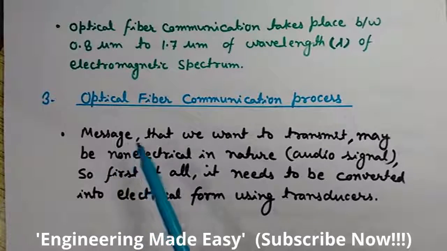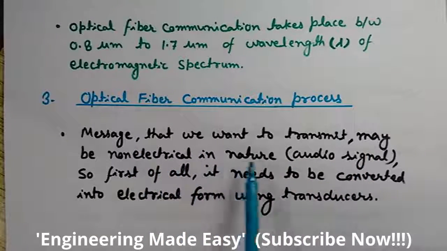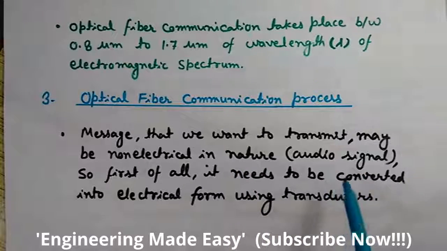In this, the message that we want to transmit may be non-electrical in nature. Suppose maybe an audio signal, our message signal, our voice speech signal. So first of all, it needs to be converted into electrical form using transducers. So transducers are what? Transducers are just the energy converters.